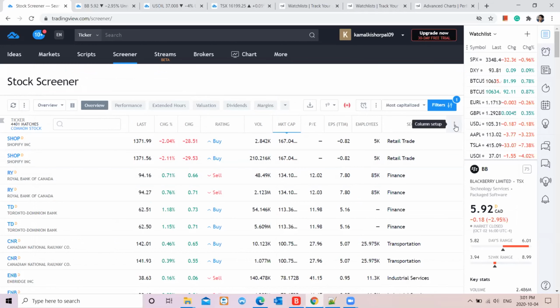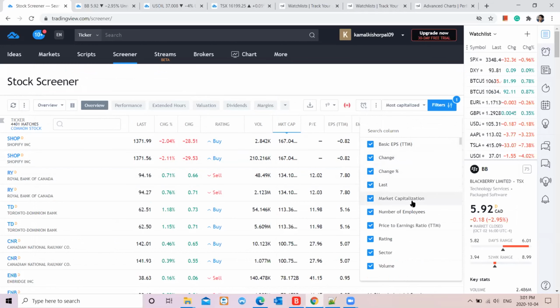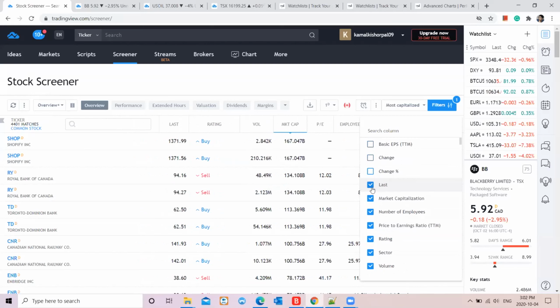Then look at these three dots. On this, you can select which indicators you would like to use to screen your stocks. The indicators we mostly look at are the last traded price, the last closing price of the stock.